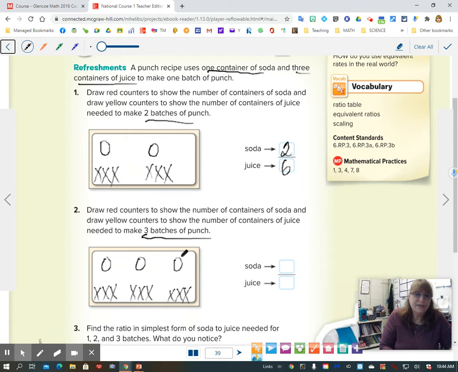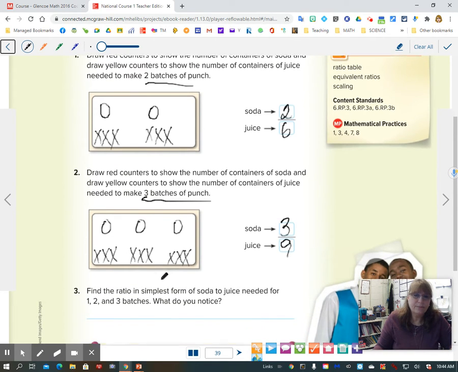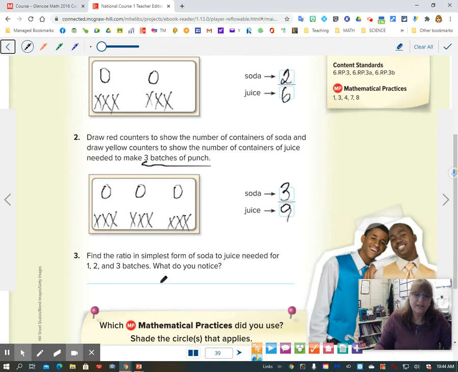So we have 3 sodas and 9 juices. Okay? So find the ratio in simplest form of soda to juice needed to make 1, 2, and 3 batches. So we had 1 to 3 for the first one, 2 to 6 for the second one, and 3 to 9 for the last one.